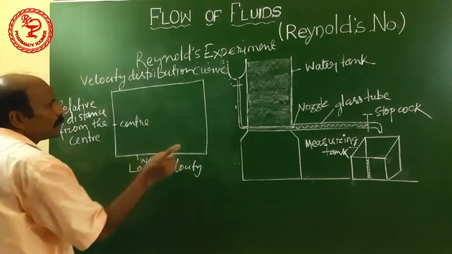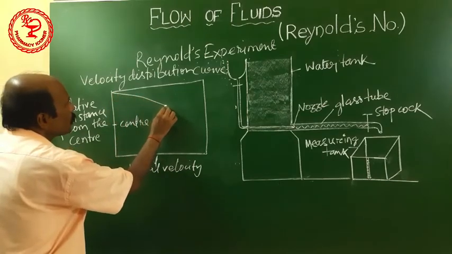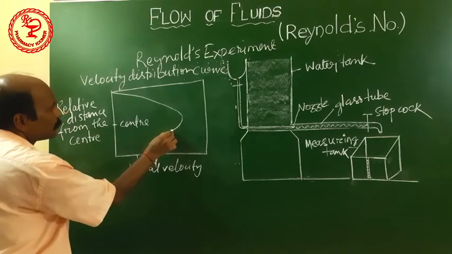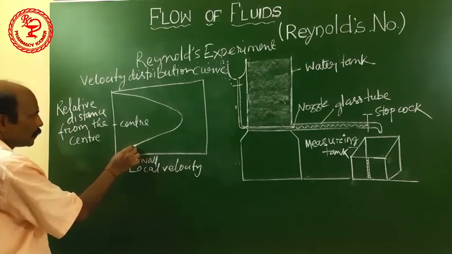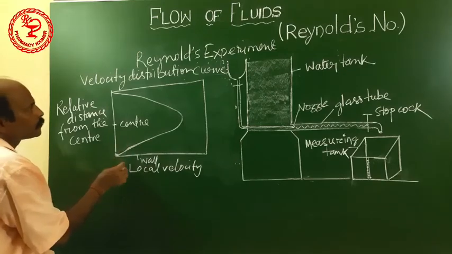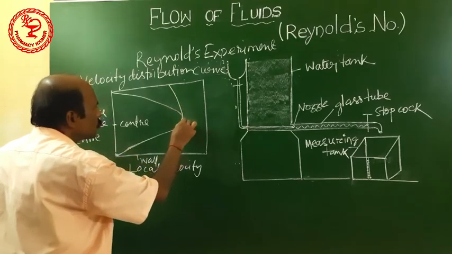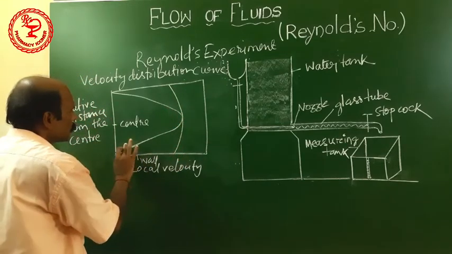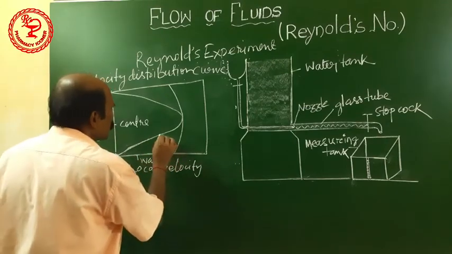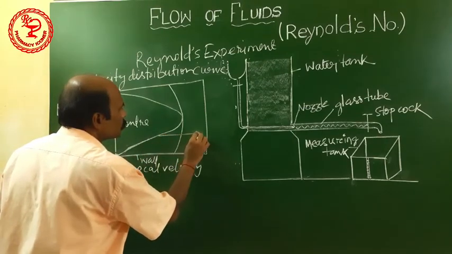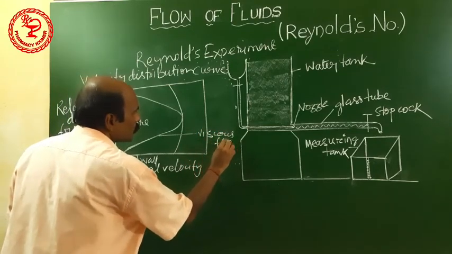Now in the case of viscous flow, you will see this type of curve. And in the case of turbulent flow, you will see this type of curve. This is the viscous flow.